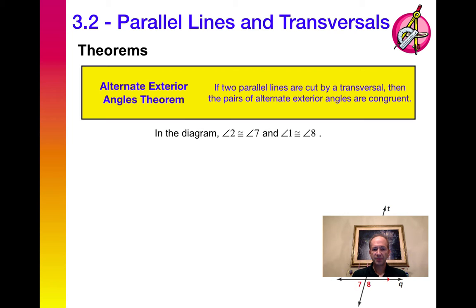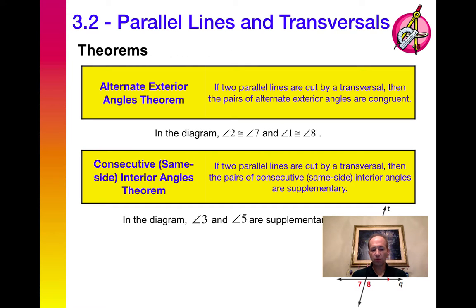Now there's one more, and that one is called the consecutive or same side interior angles theorem. Same side would be 3 and 5, and they're interior to P and Q. If two parallel lines are cut by a transversal, once again we start out with that phrase, then the pairs of consecutive same-side interior angles are supplementary.